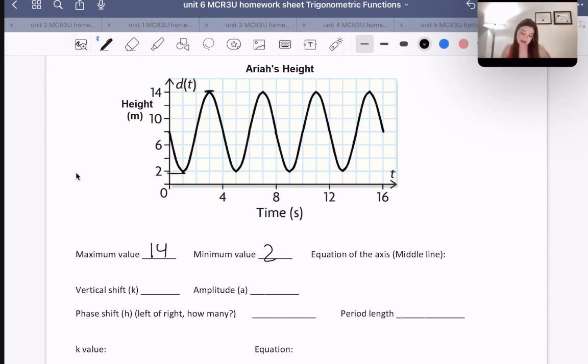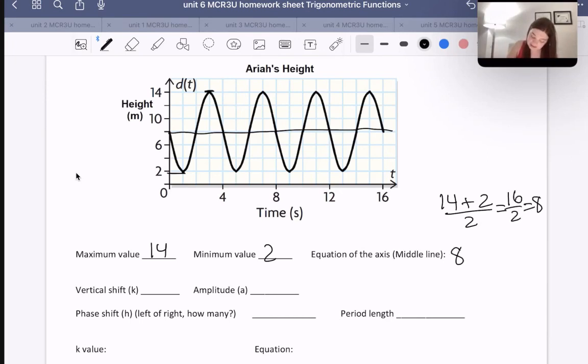Then they ask the equation of the axis, the middle line, or the midline, as I like to call it, this line here. Well, we can kind of just tell that it's 8. But if we wanted to actually calculate and show how it's 8, we're going to add up and find the average of the minimum and maximum value and get that it is 8 that way.